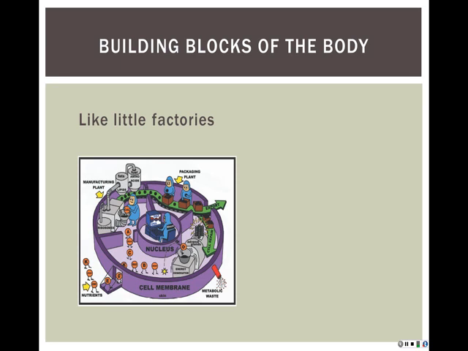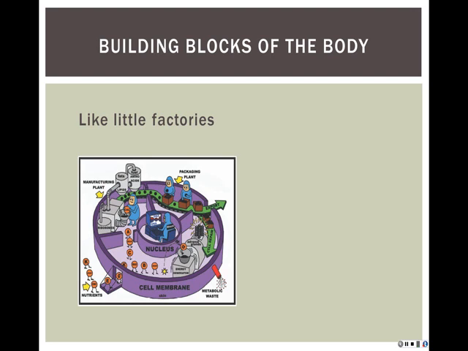But if a cell is like a factory, and factories can manufacture or produce all kinds of different products, what is the product that cells make? Well, there's over 200 different kinds of cells, and they can do a lot of different cool things, but the primary thing that the cells are creating is what actually creates the substance of the body.